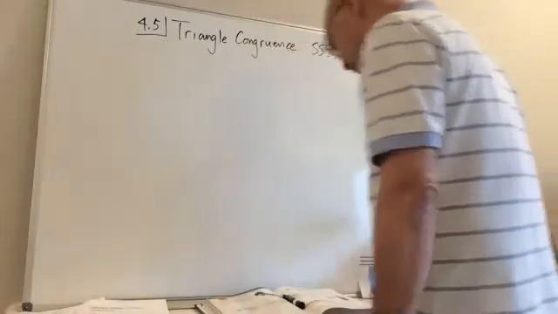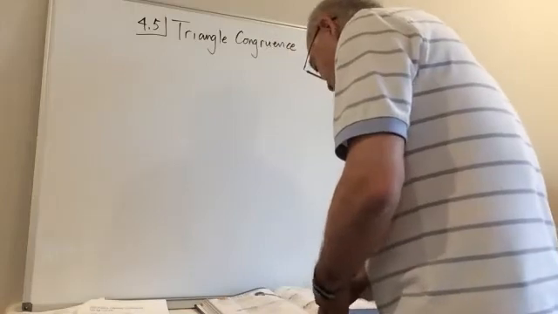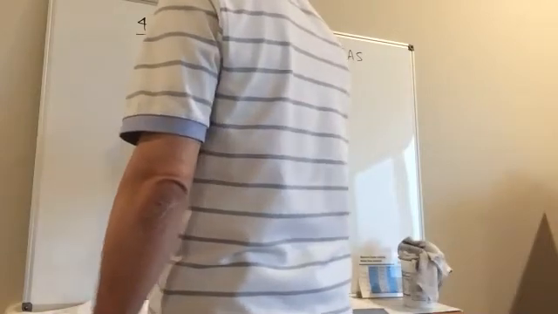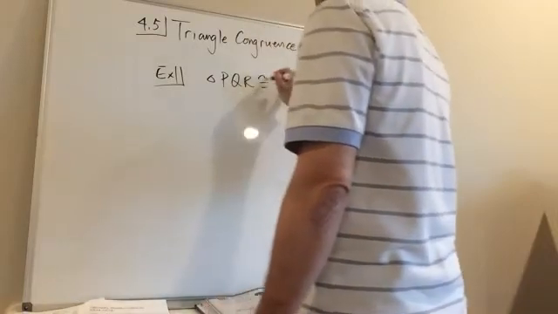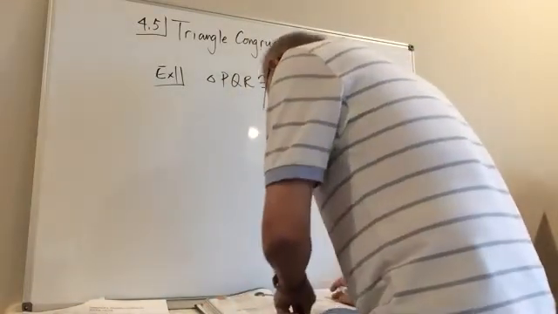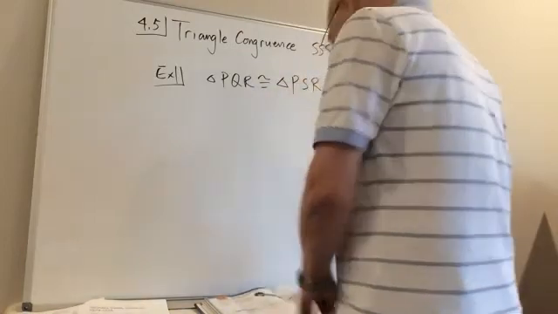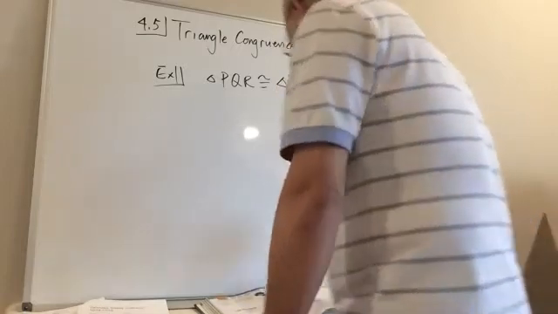Let's take example number 1: use side, side, side to explain why triangle PQR is congruent to triangle PSR.